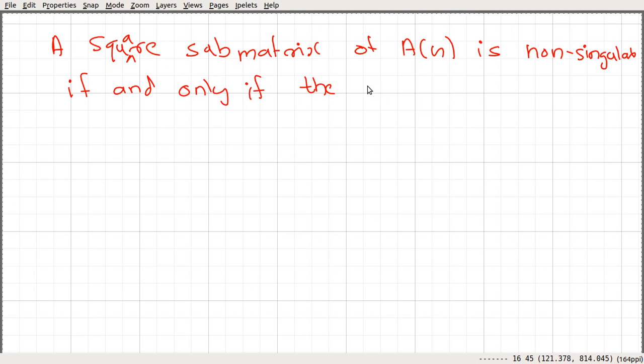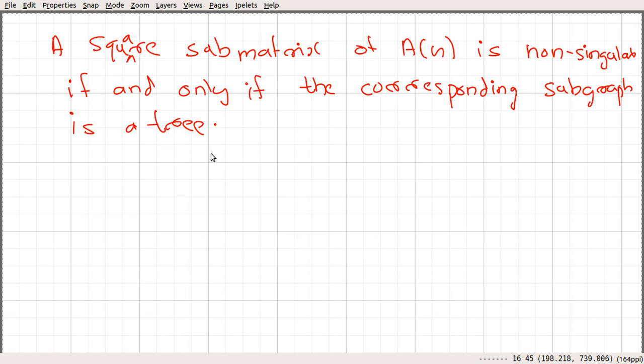Only if the corresponding subgraph is a tree. So clearly the tree is a spanning tree because it contains n minus 1 edges of the n vertex graph.